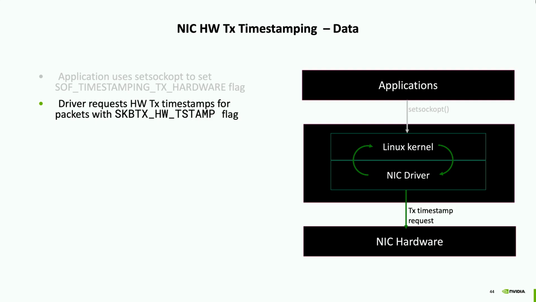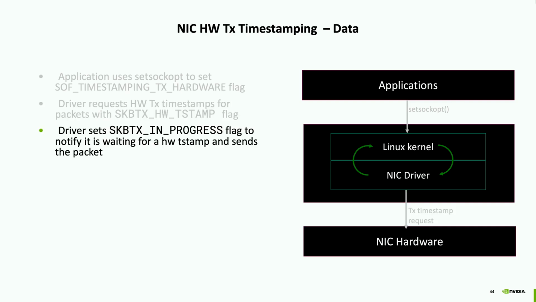In this case, you know that this packet requires special care, and you need to handle it in a special way so that you can return the timestamp once your device is done with your packet. So if you see this flag and you support hardware timestamping, you need to modify the SKB that it came in with and set the SKB in progress flag inside this SKB.